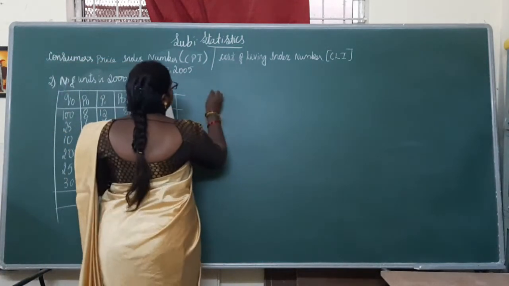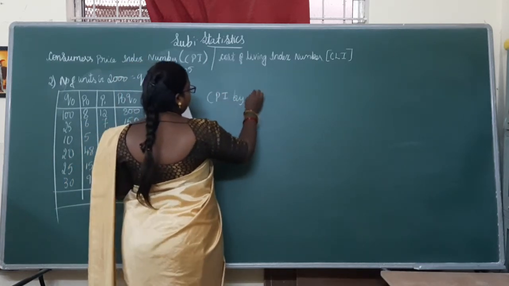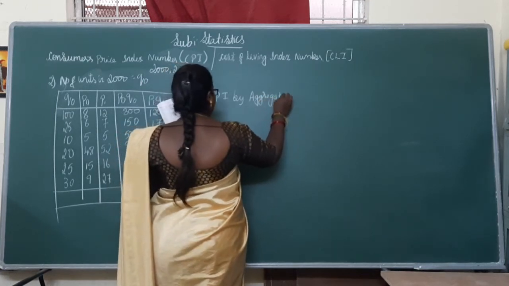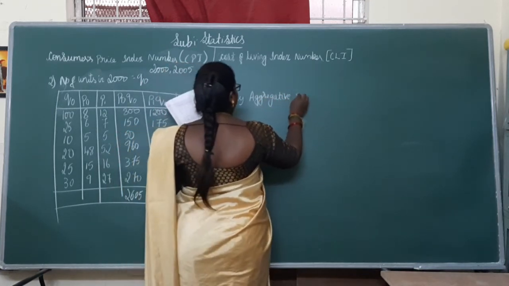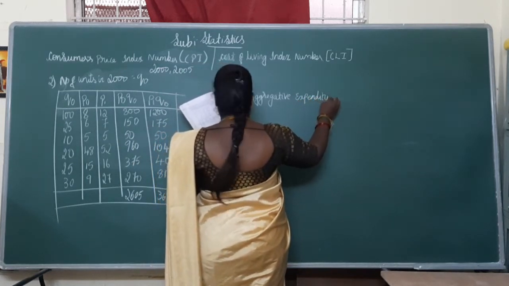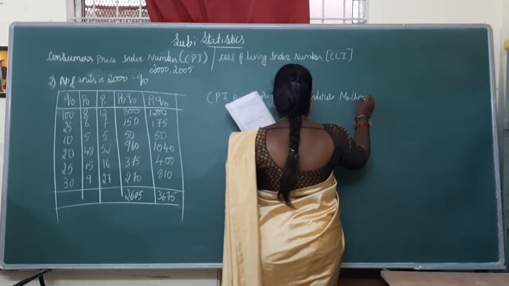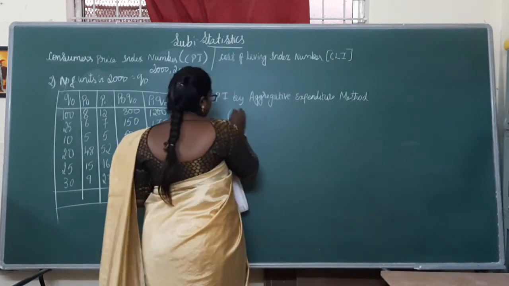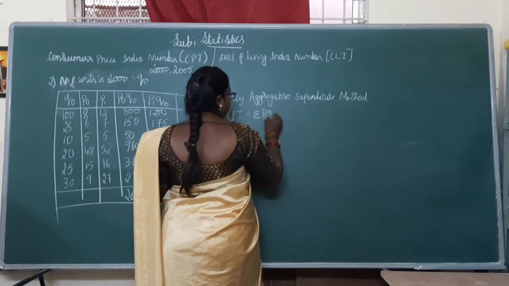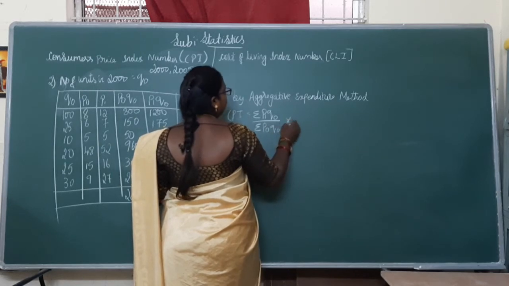Now, consumer price index by aggregative expenditure method is CPI equals sigma P1 Q0 divided by sigma P0 Q0 into 100.